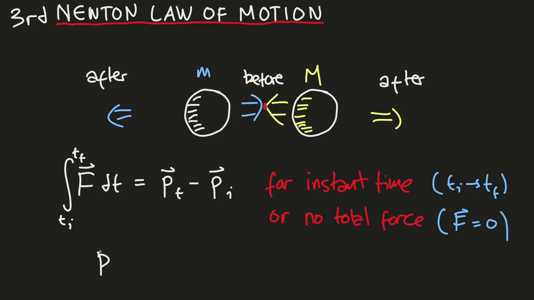So now we get that by both or only one condition, we obtain this equation as momentum conservation: momentum final equals momentum initial, as a vector equation.